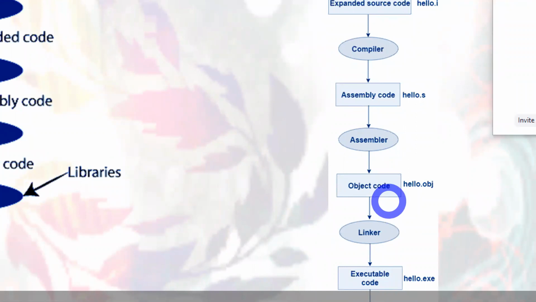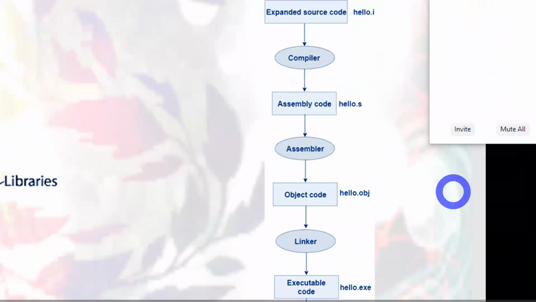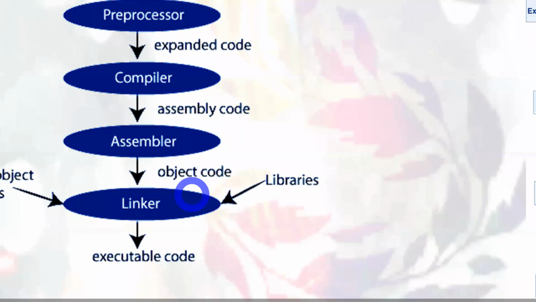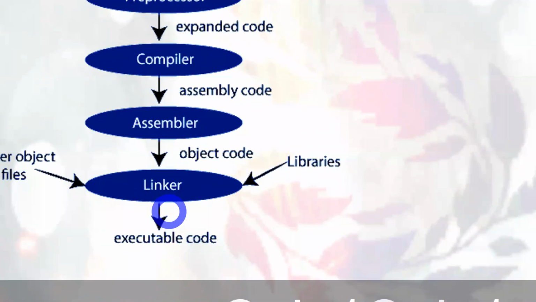This object code is generated by the assembler, and machine dependent instructions are generated. Due to that reason, you cannot carry this object code and run it on different operating systems. Very important point for exams or interviews.